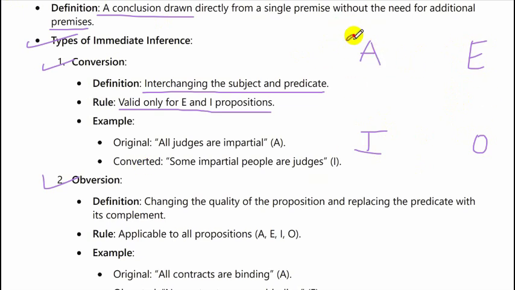A stands for universal affirmative, E stands for universal negative, I stands for particular affirmative, which is some are, and O stands for some are not. This is what it means.